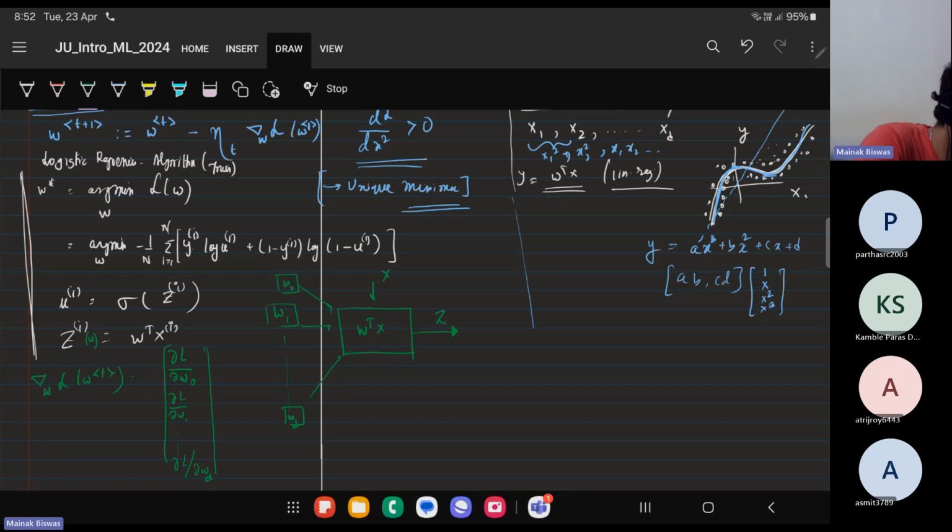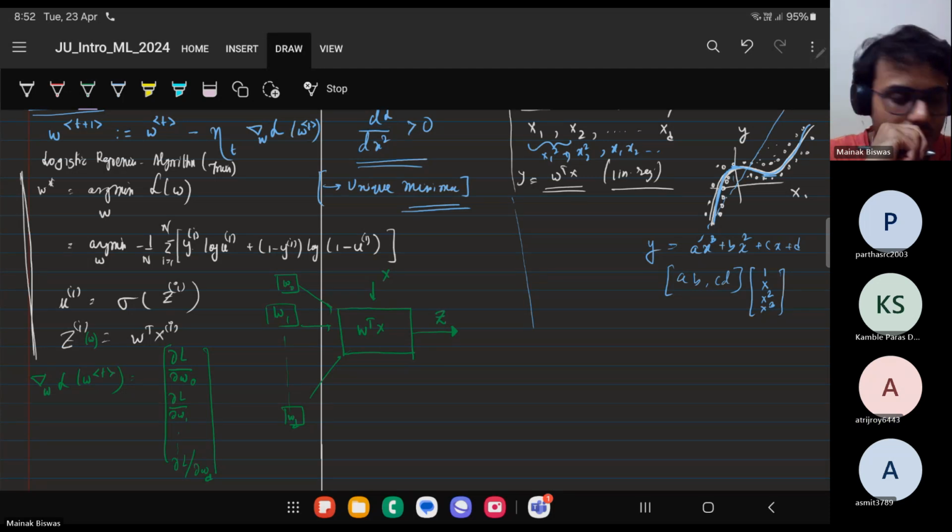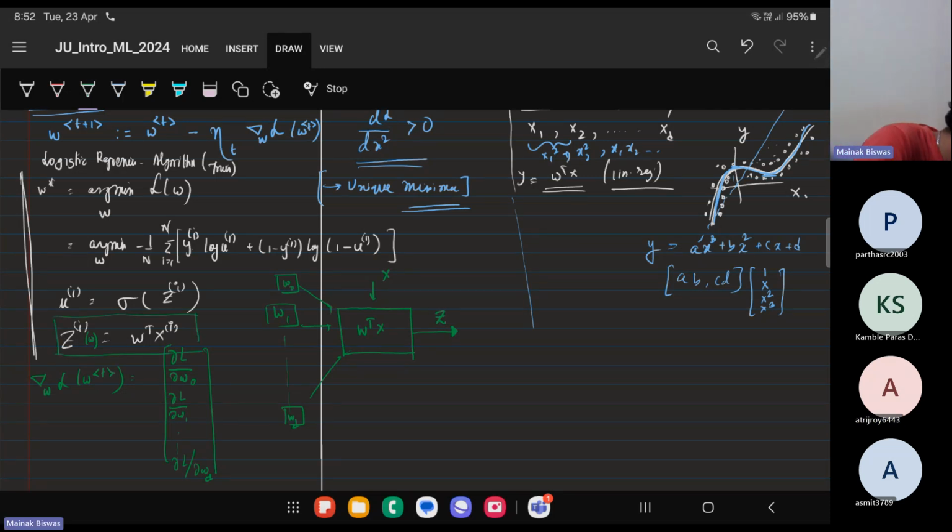It will give me z, yes or no? So after I have access to x, z, what will I pass it through? Sigma, and I'll get access to mu i, right? Clear?